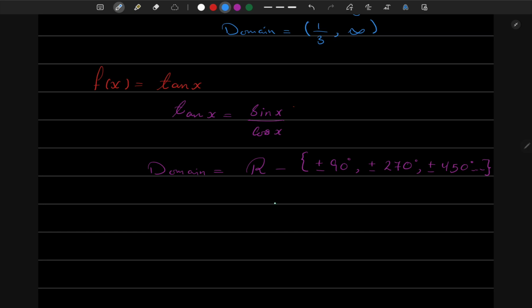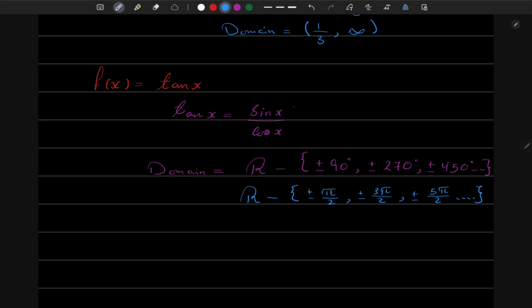A best way to write this is in radians. So you can write R minus plus or minus pi over 2, plus or minus 3 pi over 2, plus or minus 5 pi over 2, and so on.